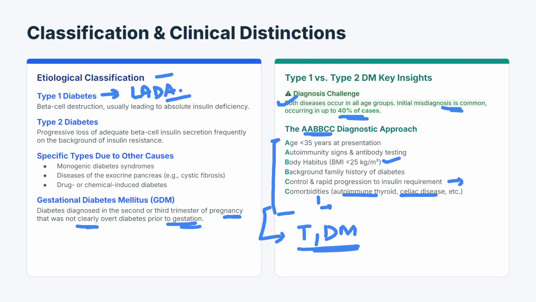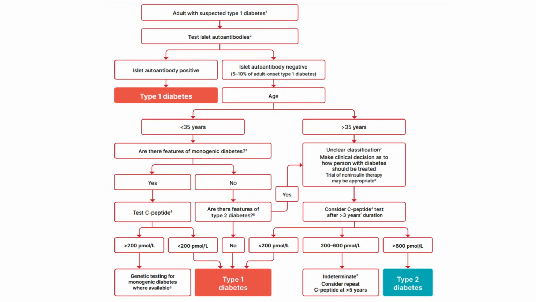Now let's discuss a very interesting approach which is available in ADA 2026. If any adult with suspected type 1 diabetes comes to you, you first order islet cell autoantibodies. We usually order GAD65 antibody, which is the primary antibody. If it comes out negative, then we can order IA2 or ZnT8 antibody.